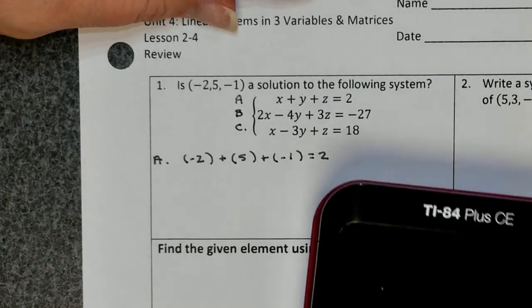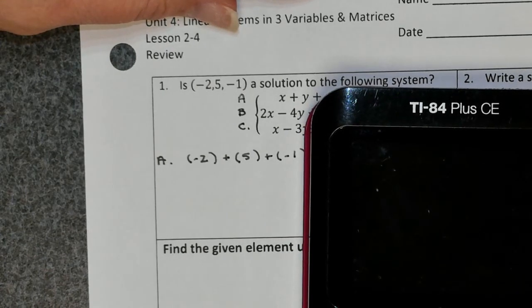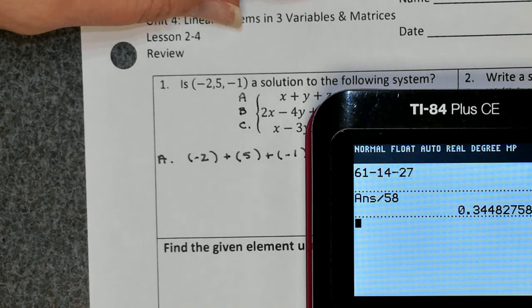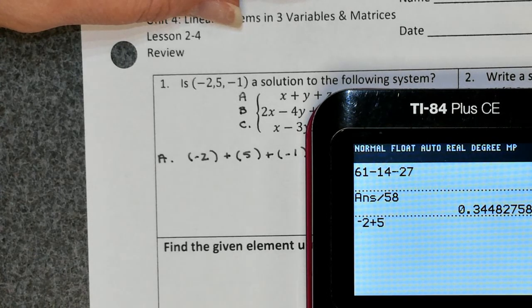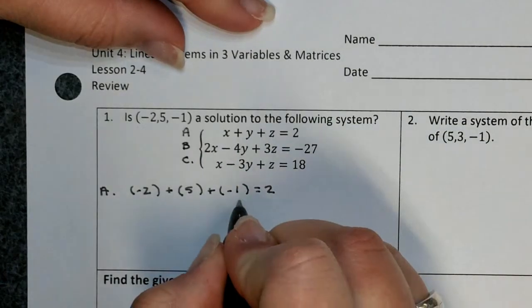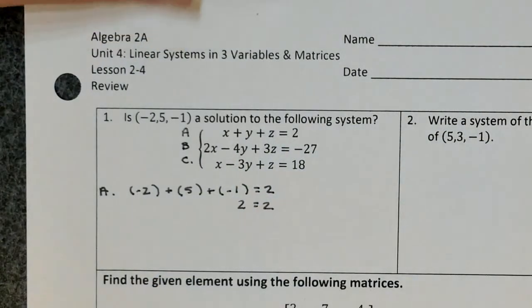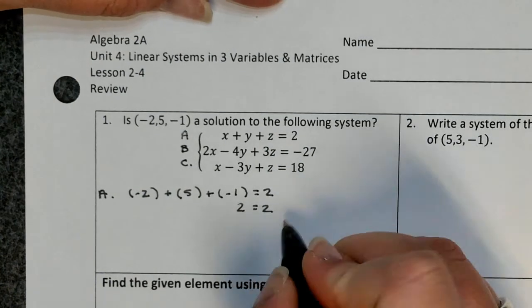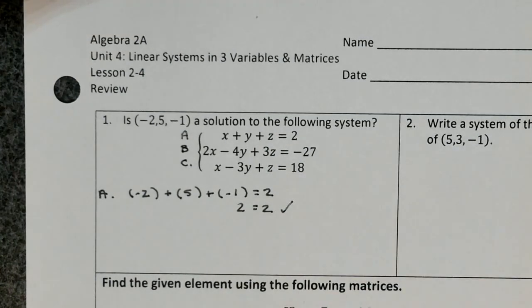I'm going to type the left side in my calculator and pretend the right side doesn't exist. So I have -2 plus 5 plus -1, and I get 2 for the left side. So I have 2 equals 2. Did it work? So is it a solution? It is? I'm done?